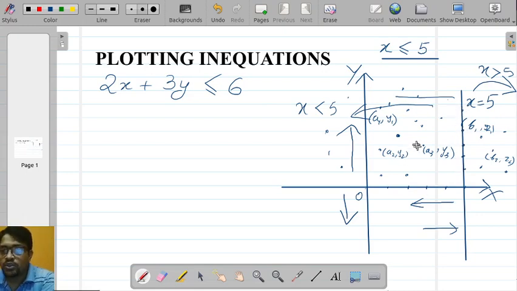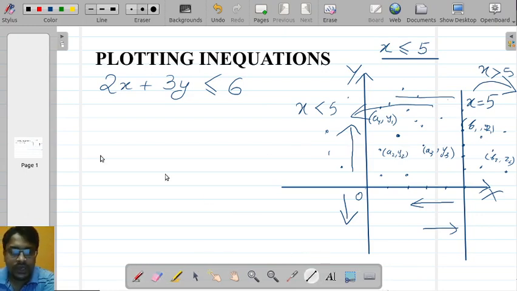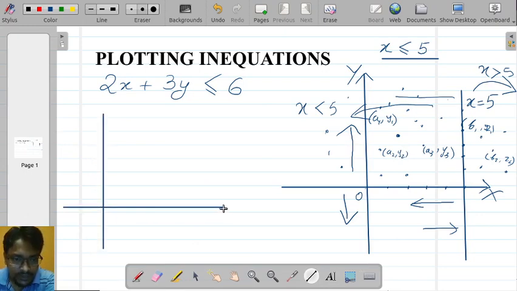Okay, so if I want to denote the region of the xy plane which satisfies this inequation x less than or equal to 5, what is that region I should plot?